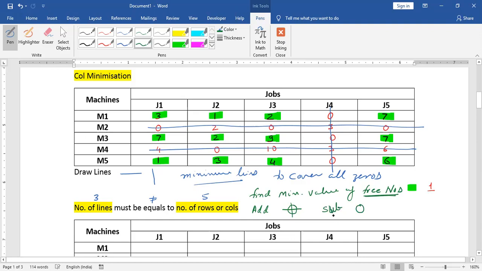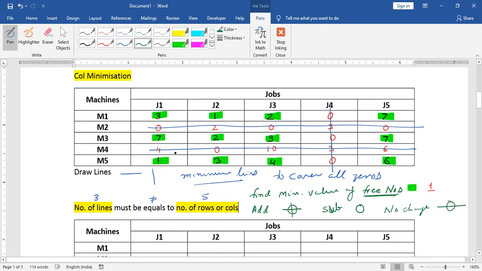That is, we will add 1 where lines are intersecting. We will subtract where free numbers exist. If no change, where no change? Where lines are passing. Right. It is very simple.